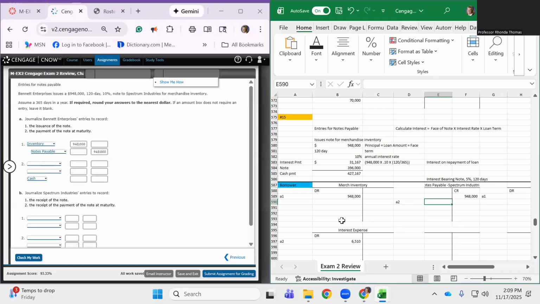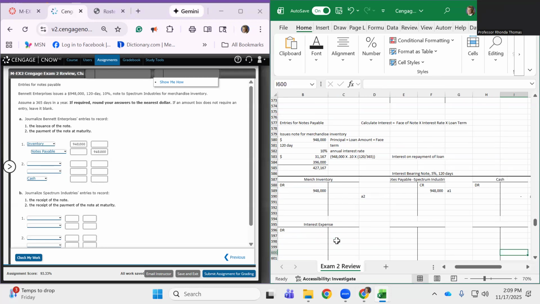If we pay this when it's time, down goes cash of the full amount, 427,167. That includes a debit of 948 and interest of 31,167.